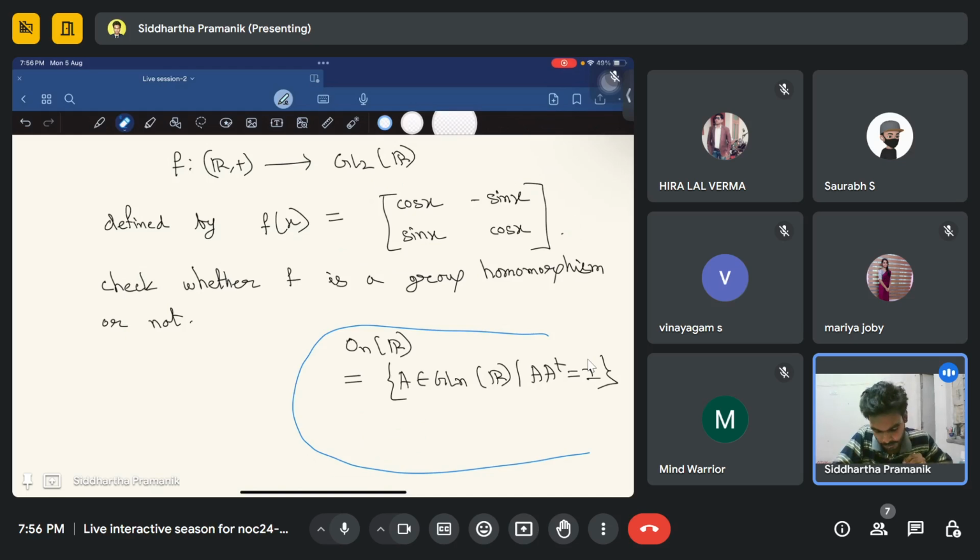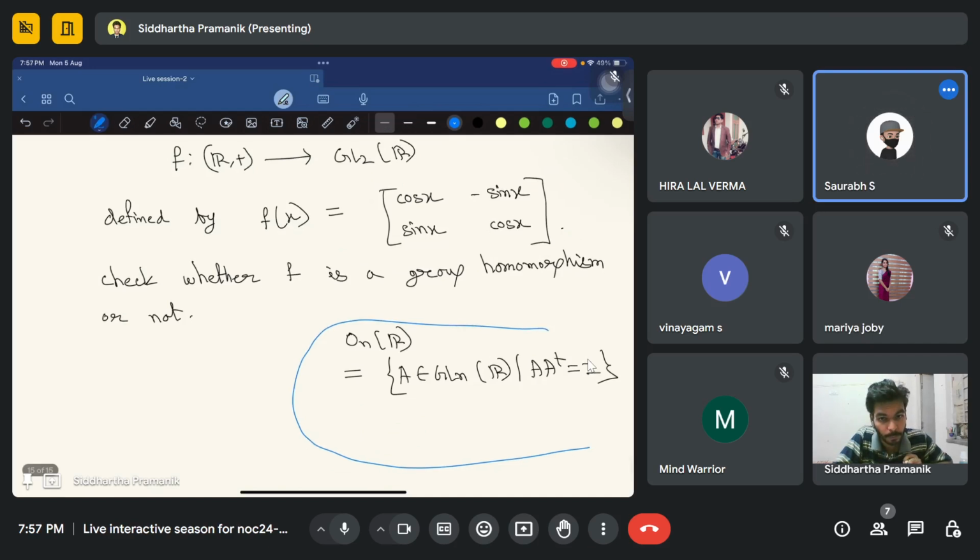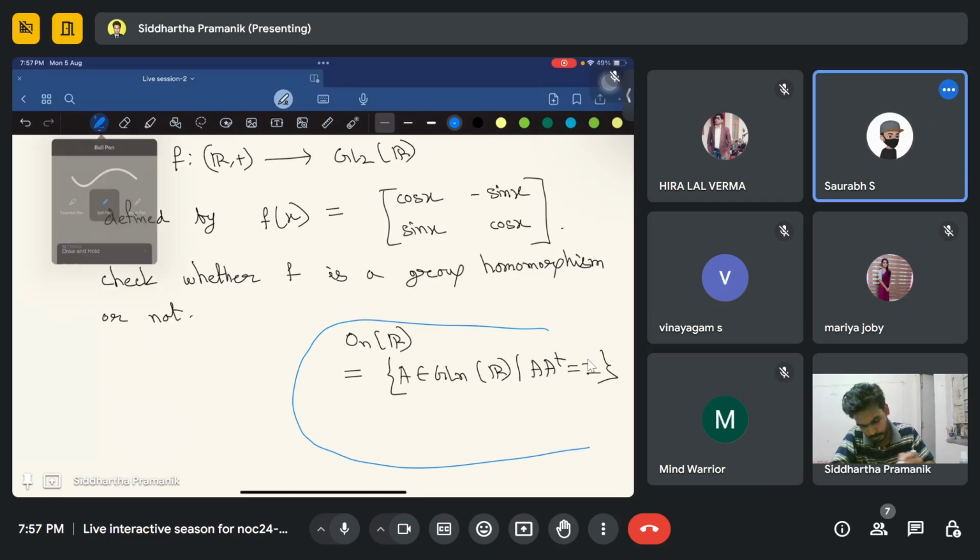Yeah, any guesses? Yes, all integer multiples of 2 pi. Yes. So let me write down the solution for you.